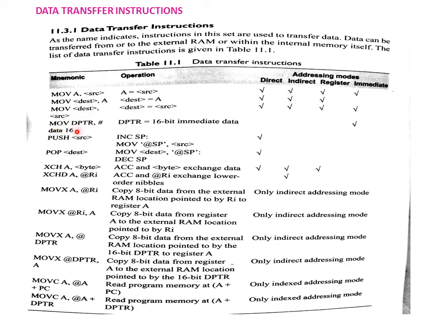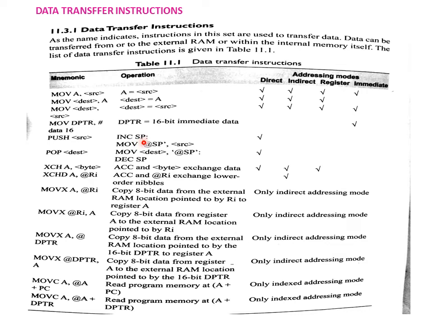Next, MOV DPTR comma #data16. The # indicates here immediate data. That 16-bit data is directly transferred to the DPTR data pointer register. Next, PUSH source register, nothing but storing the source register data into the stack, automatically incrementing the stack pointer register.